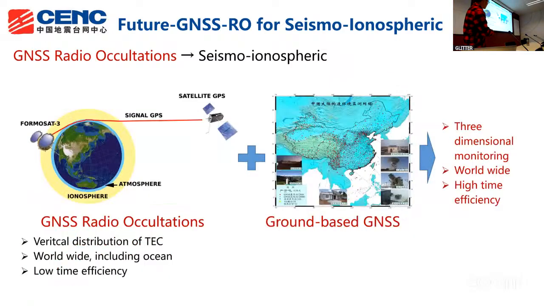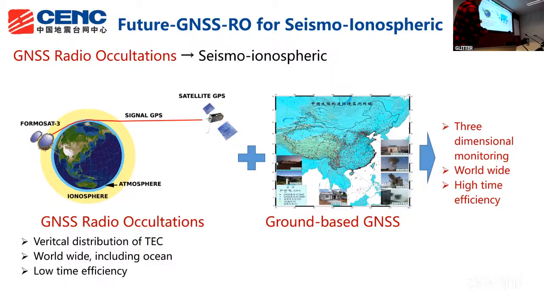But the GNSS Radio Occultation can also do the seismo-ionospheric, and it can give the vertical distribution of the TEC, and it's worldwide, including continent and ocean.